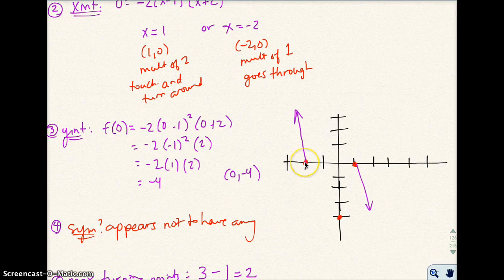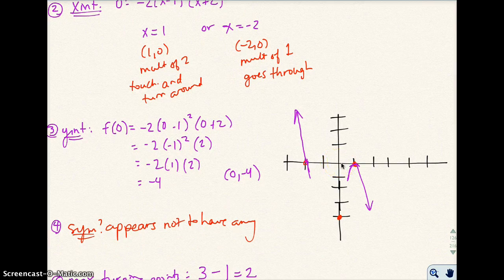I know that this point right here has a multiplicity of 1, so I know it should go through. This one has a multiplicity of 2, so this one should come back that way. So now it should do a little bit of this. This one should go through. Again, I have no idea what's going on between there. So I'm going to go ahead and see what happens at f of negative 1, f of 0 we already know.